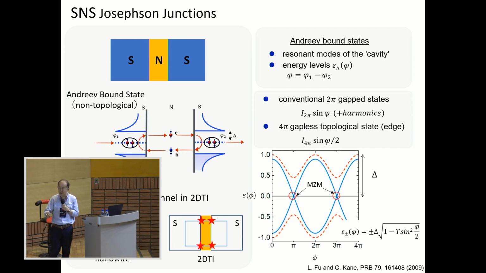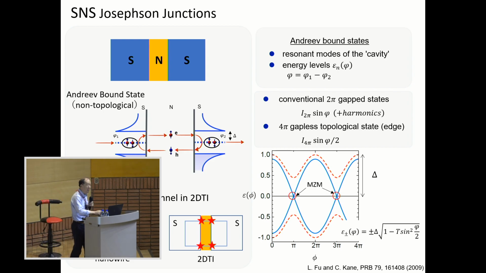So again, the zero mode appears like this. And so we want to study the current phase relationship, the energy phase relationship, and how it can be different from the ordinary Andreev bound state spectrum, like the dotted line.